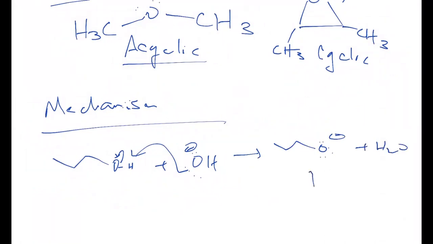And then when you react your alkyl halide, let's just say CH3Cl, or let me draw it out. It's a simple SN2 type substitution, where you take the negatively charged oxygen and attack carbon.